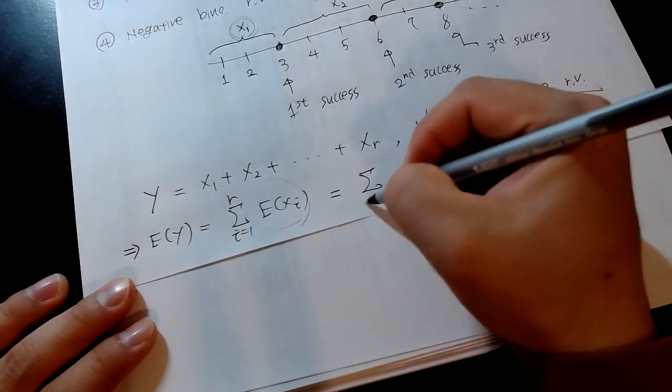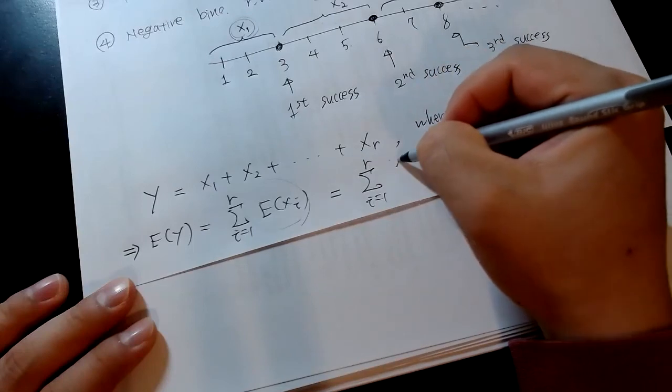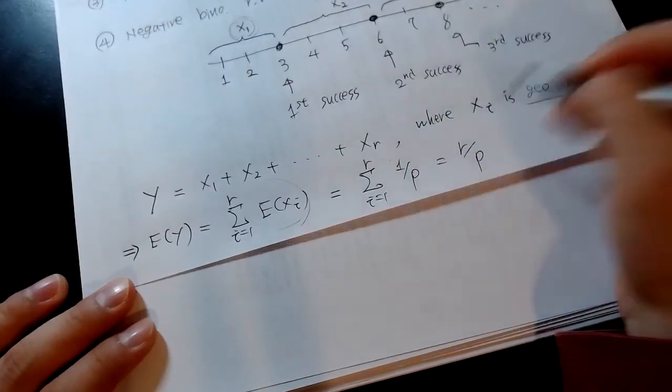So this is equal to the sum from i equals 1 to r of 1 over p, which is r over p.